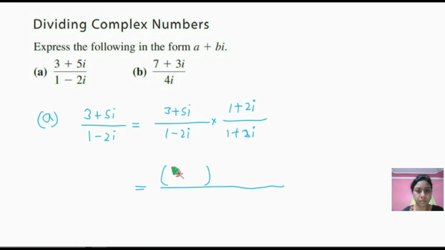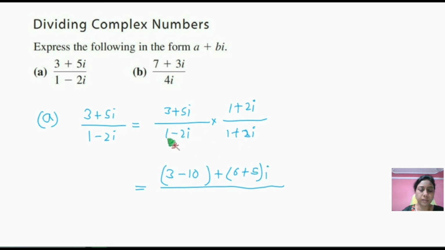So a multiplied with c, the real part, 3 times 1 is 3, minus, now the imaginary part, 5 times 2 is 10, negative actually according to the formula, because i square gives a negative sign, plus, now a multiplied with d, 3 times 2 is 6, plus 5 times 1 is 5, and i.